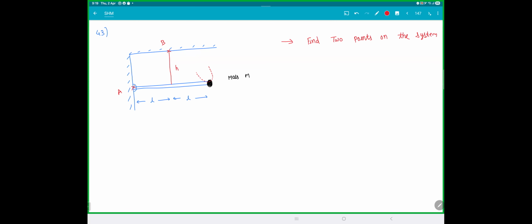But if you see here, it is connected to 2 points here. Right? And join them. This line is your instantaneous axis of rotation. This is your IAR basically.